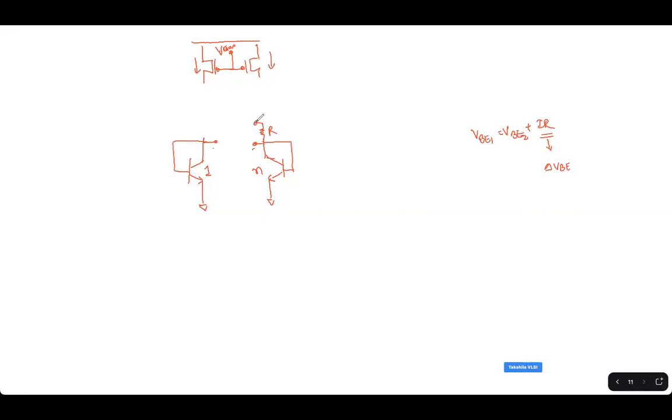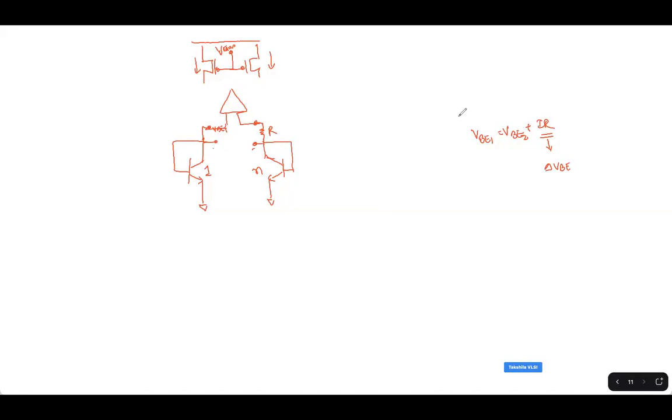Meaning this point, which is VB1, and this point, which is VB2 plus IR, they both have to be equal. How do I make 2 points equal? We have all seen this. Use an op-amp. Give 2 inputs to the op-amp. Make sure that it is in negative feedback. How do we make that? That is different, we will see that.